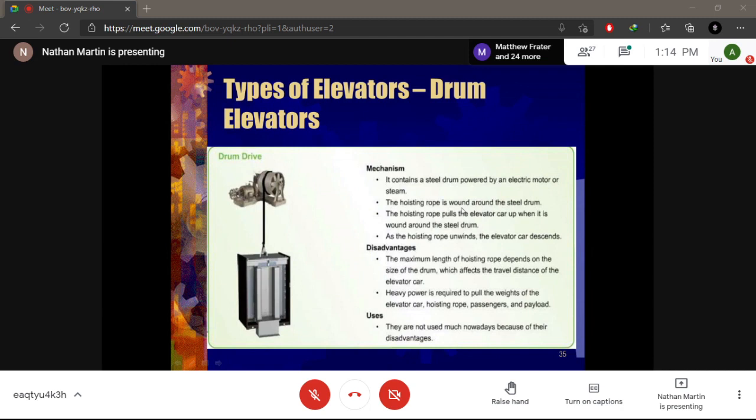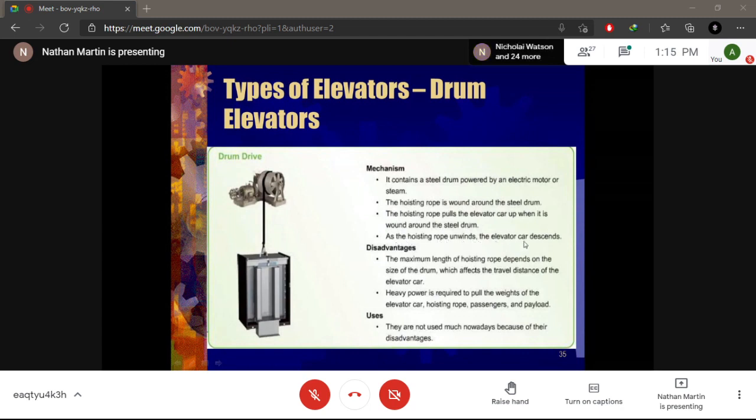The hoisting rope is wound around the steel drum, as shown in the picture. The motor spins the drum, and then it will hoist the car and lower the car. The hoisting rope pulls the elevator car up when it is wound around the steel drum. As the hoisting rope unwinds, the elevator car descends.